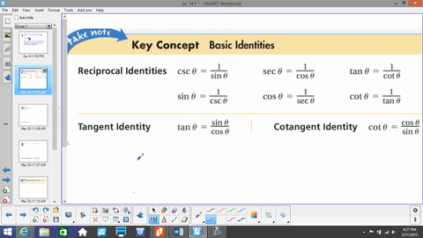And the same thing, sine is 1 over cosecant, cosine is 1 over secant, and cotangent is 1 over tangent. You will need to have those memorized. You also need to know what we call the tangent identities. Tangent is sine over cosine, and cotangent is cosine over sine.